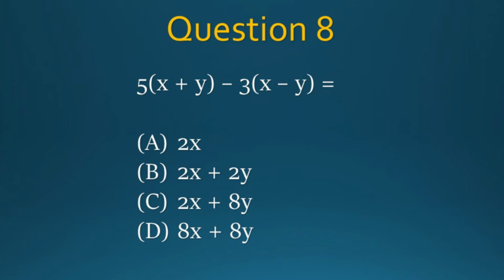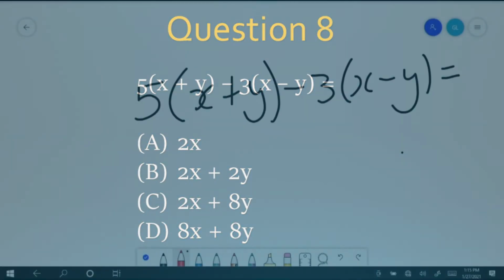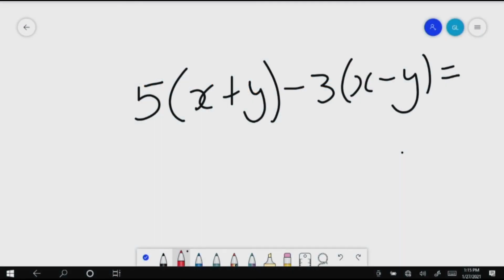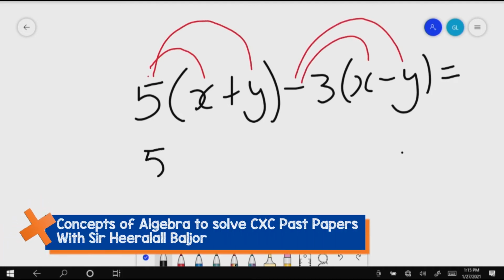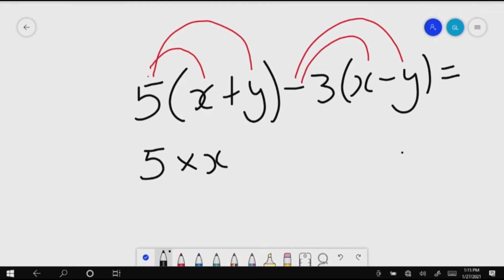5 into x plus y minus 3 into x minus y equals. Here we have a set of operations that we need to perform before we simplify to the lowest value. The first operation we need to do is to remove or clear the bracket by the coefficient, meaning whatever is in front of the bracket, we multiply it to show that that value was the coefficient that governs the bracket.